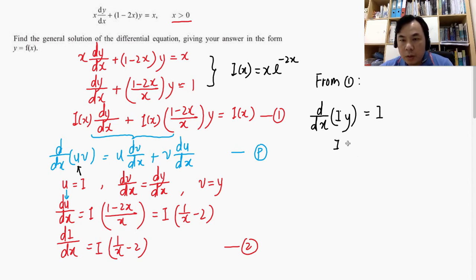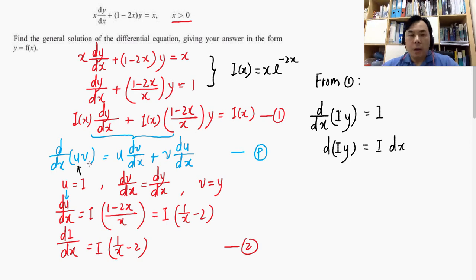We can write down Iy is actually equal to, I'm going to rewrite, let me erase this. I'm going to rewrite the expressions slowly so that you can follow. So in this case, we can rearrange this to become I dx.